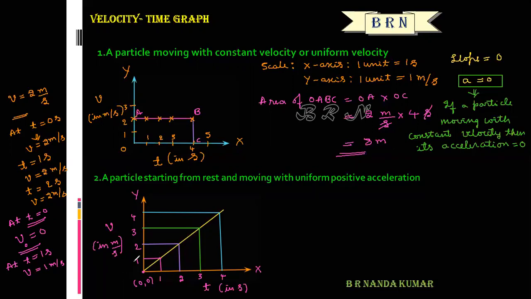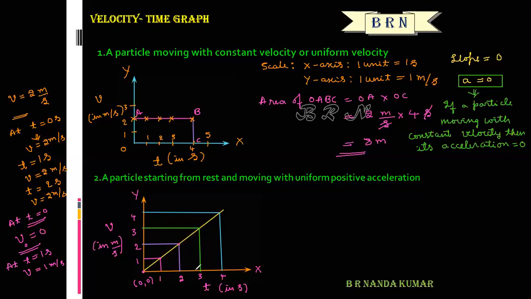So after 1 second, at time t is equal to 2 second, its velocity further increased by 1 meter per second. So that is actually 2 meter per second. At time t is equal to 2 second, the velocity of the particle is 2 meter per second. So the point is 2 comma 2. Okay.